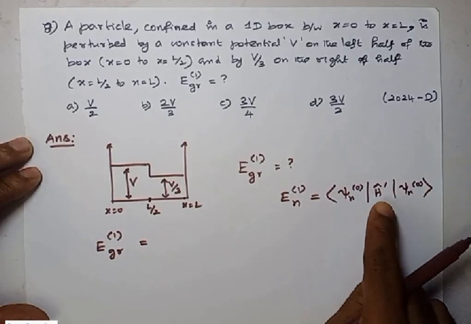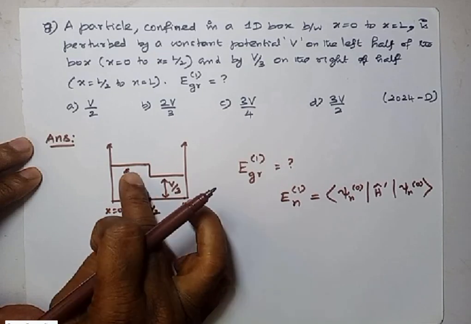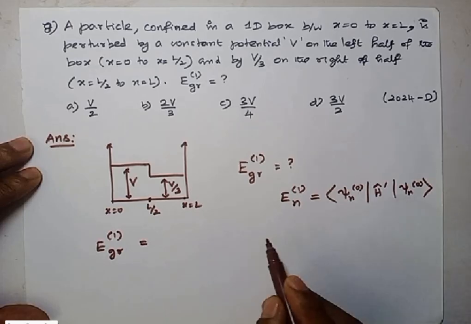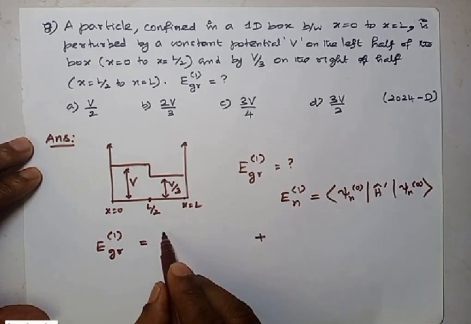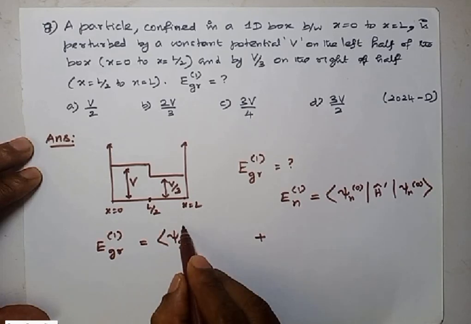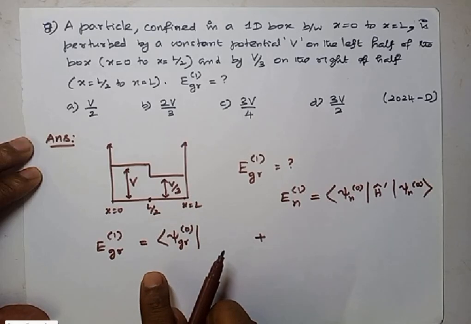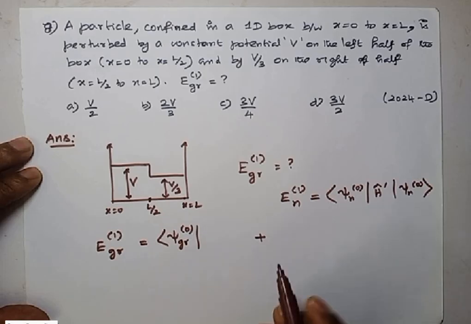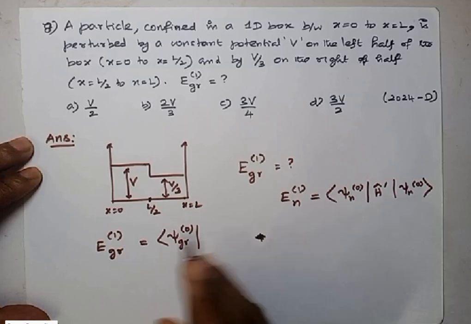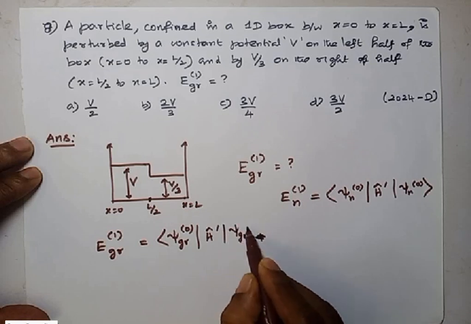Now we have a perturbation. The perturbation is that from 0 to L/2 the potential is V, and in the remaining half the potential is V/3. So we can split this integral into two parts. Here n is the ground state, so I'll write the ground state wave function.